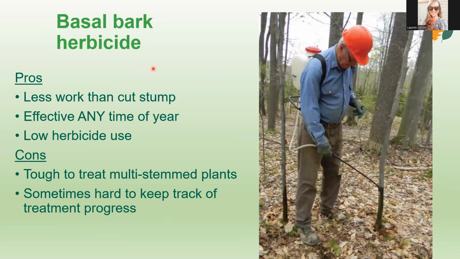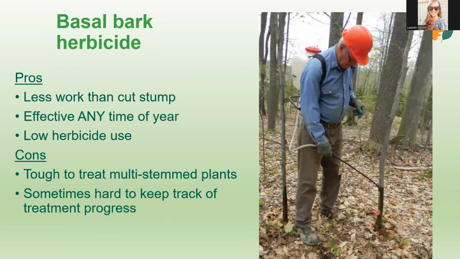All right, so if you've met me before, hopefully I've given you the good word of basal bark. This is a really nice method. It's easier than cut stump because all you're doing is spraying the outside of the stem. And you can do this any time of year.